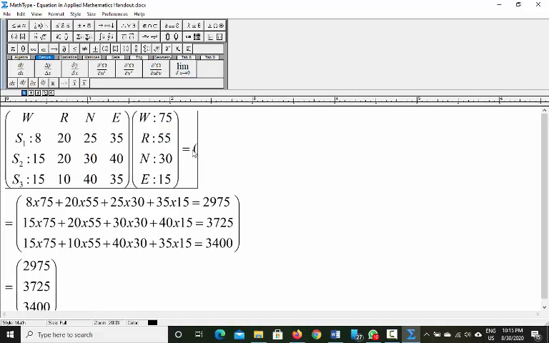So in the first matrix, in the rows we have salespeople. The first row represents salesperson 1, the second row salesperson 2, the third row salesperson 3. So the rows represent salespeople.